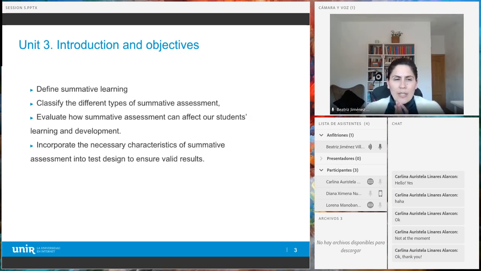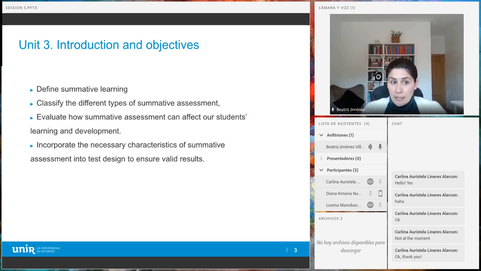So, as I was telling you, if you remember, in previous sessions, we were talking about formative assessment. Formative assessment is that kind of assessment that we do through the year to provide the student with information and the teacher with information of how the learning process is going.